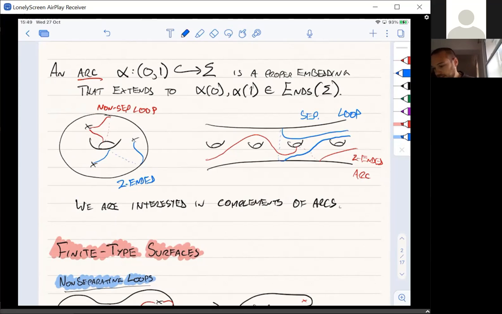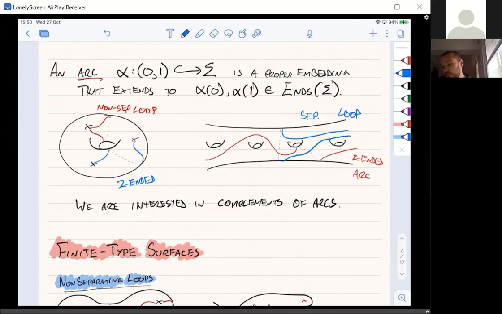So what we're interested in, at least for the first half of this talk, are the homeomorphism types of arcs. If you can apply some homeomorphism to the surface that takes arc A to arc B, then we say those two arcs are of the same type.